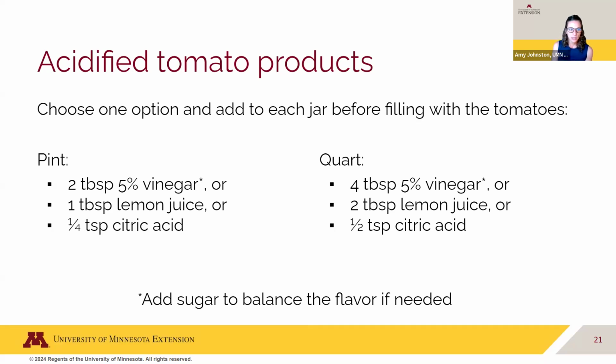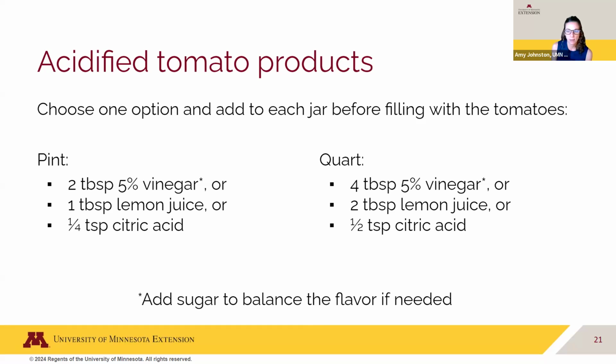So on the screen, you can see different options for acidifying, and you'll add your acidifying component directly to the empty jar, each empty jar, and then add your tomato product. So if you're using pint jars, you would do 2 tablespoons of 5% vinegar or 1 tablespoon of the lemon juice.